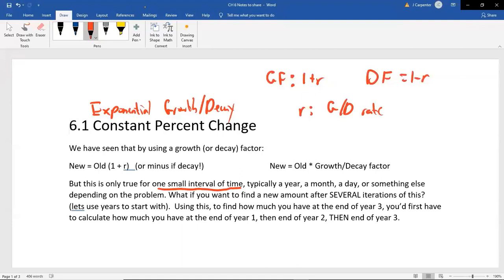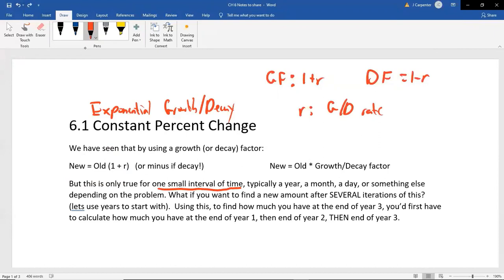So what happens if you want to find a new amount after several iterations? Let's say you put $10,000 in a bank account and you leave it there for 50 years and you want to mathematically figure out, well, how much do I have at year 50? Well, everything that I've just said entirely relates to this new equals old times growth factor, but to find out how much you have at the end of year 50, you'd have to find what you have at year 49.